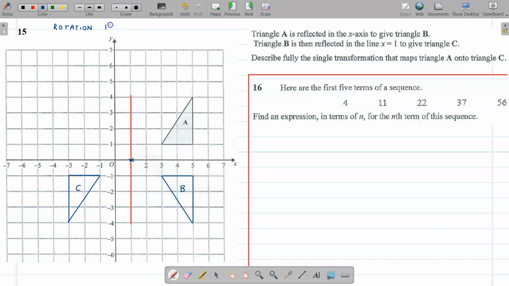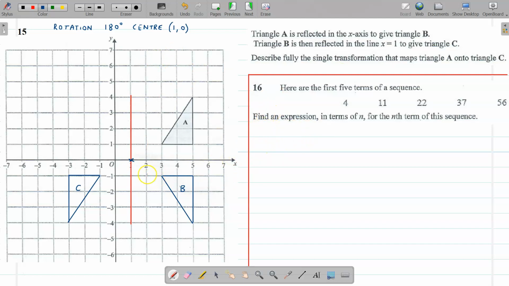You don't need to say clockwise or anti-clockwise if it's 180 degrees, but you do need to say that the center is at the point (1, 0). As long as you've got that information down, you'll get the marks. You could also describe it as an enlargement, scale factor -1, center (1, 0).